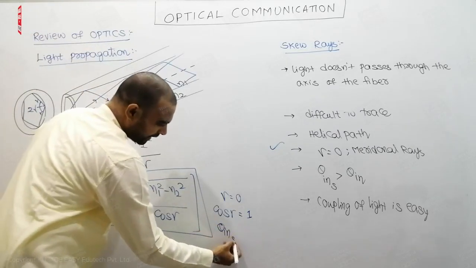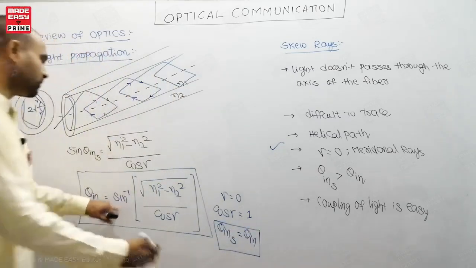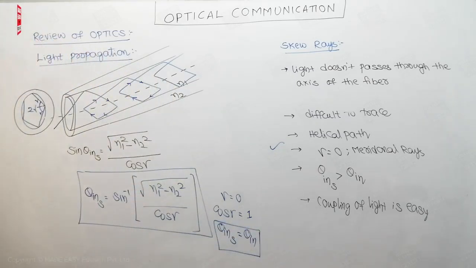Then theta in S is equal to theta in, both are the same, because sine inverse of the root of n1 square minus n2 square is equal to theta in.